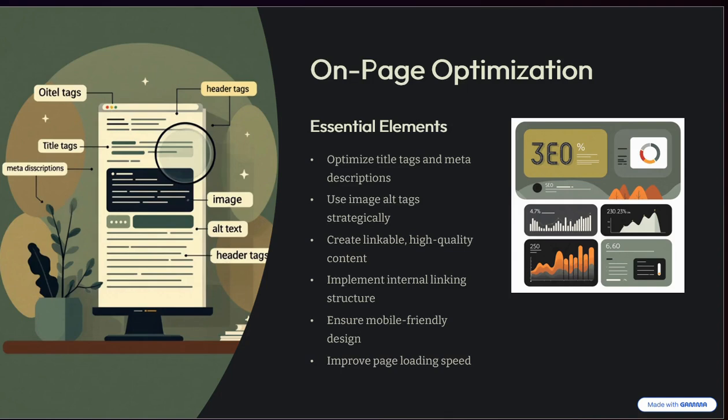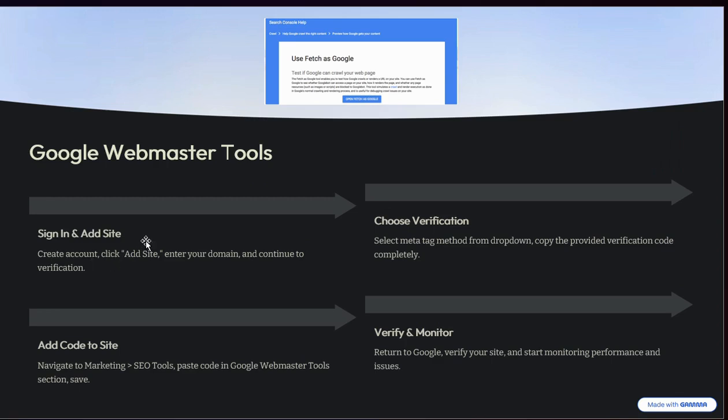Then let me go to the next section, which is Google Webmaster Tools. For a robust SEO foundation, you need Google Webmaster Tools. We can start by creating a free account and then adding your site. Choose the meta tag verification option, copy the provided code, and paste it into your website.